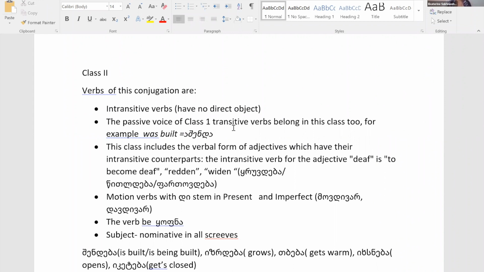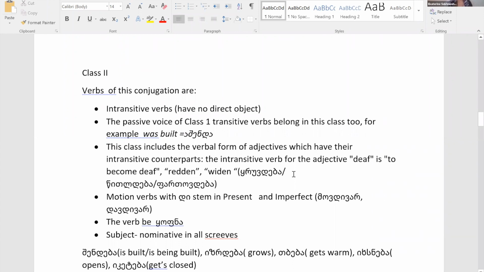But almost all of them can be put with slight changes into the second class. Also, this class includes the verbal form for adjectives. In English, this corresponds to the get plus adjective construction, like get angry, get hungry, get red, redden, get wide, widen.